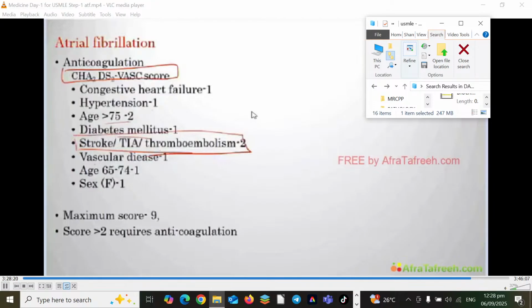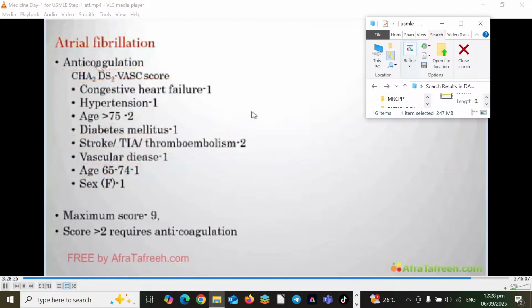Vascular disease, age, and sex. Females are at higher risk for developing coagulative problems. Anywhere you read it in medicine, you should always remember that. If a patient has a score of 2 or more, you will have to anticoagulate this patient.